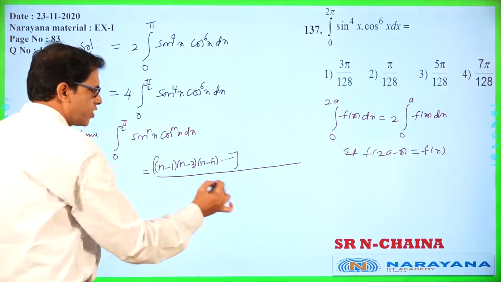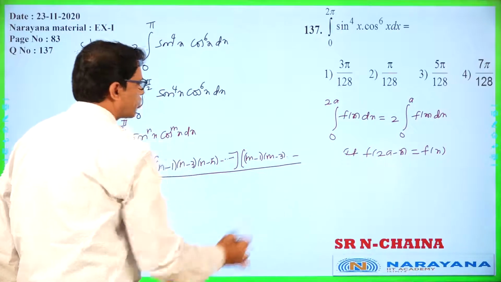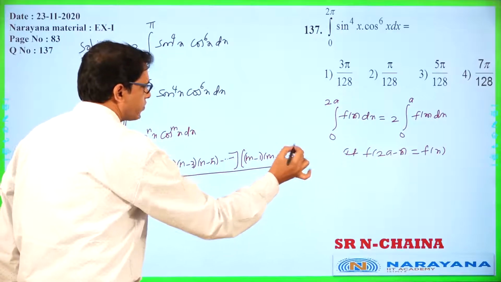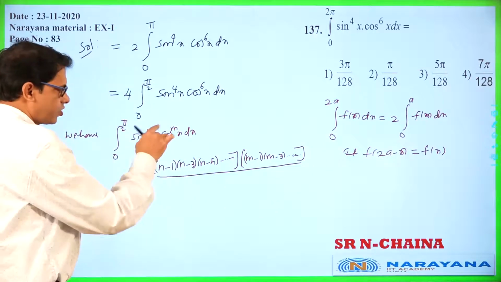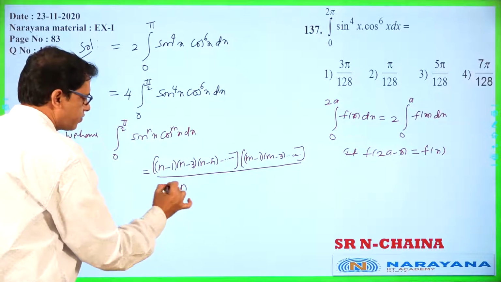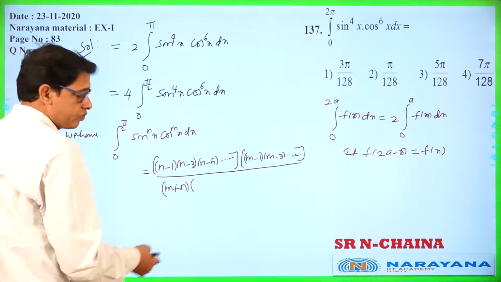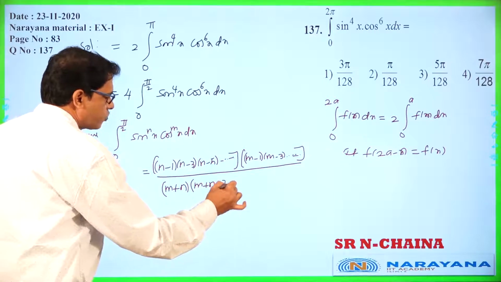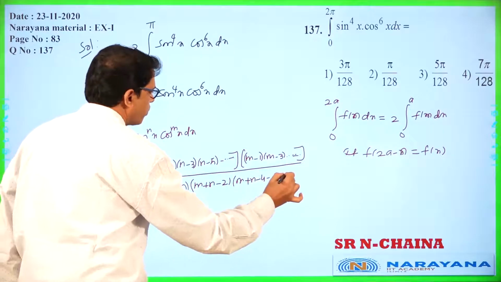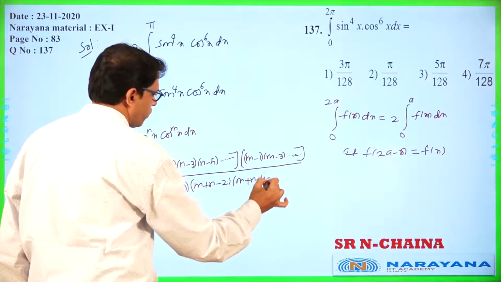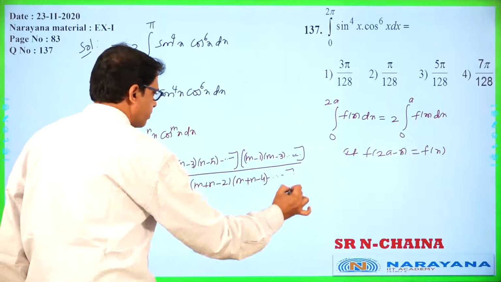Next begin with m minus 1, m minus 3 and so on. Close the brackets. In the denominator, the sum of these two, m plus n, then subtract 2, m plus n minus 2, then m plus n minus 4, and so on. This is the denominator value.